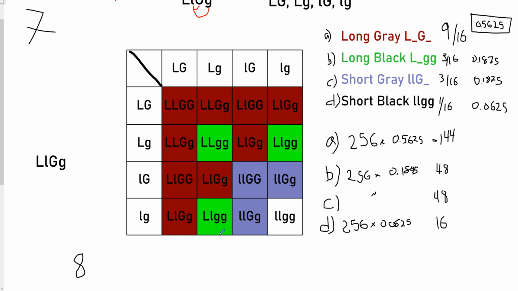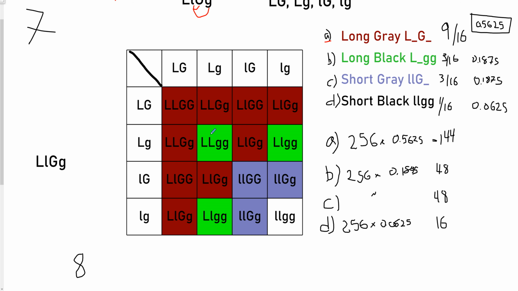So that means that we're going to pick one of these guys. And it's asking us, what is the chance that the offspring will be produced in the ratio 1 to 1 to 1 to 1? This is a tricky question, but not entirely.